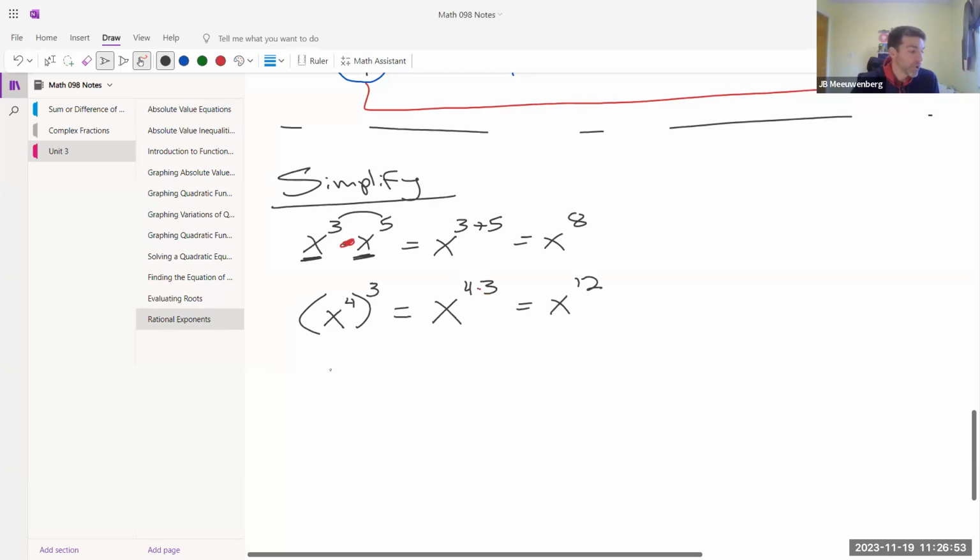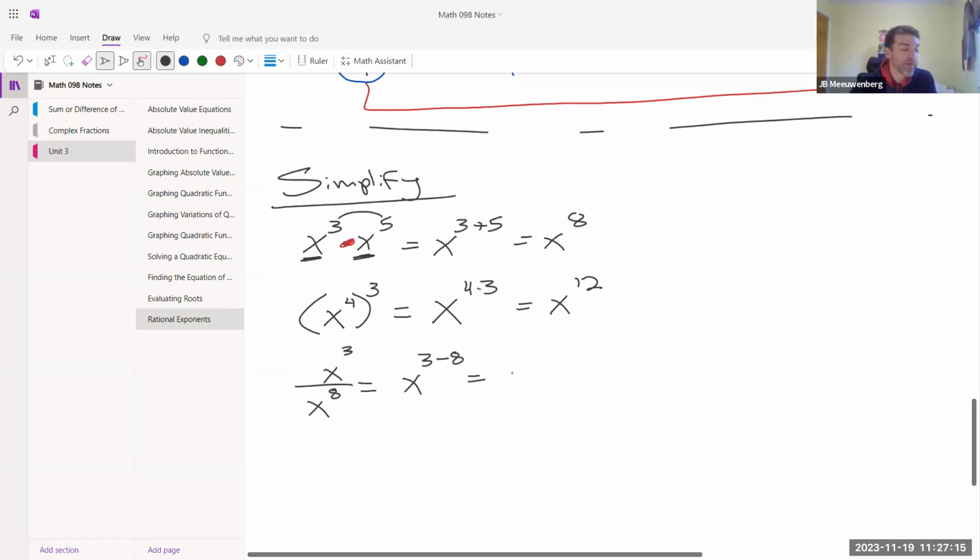And then finally, we saw fractions like x to the, say, 3rd over x to the 8th. And we can simplify this by subtracting the exponents. We always start with the top one, 3, and subtract the bottom one, 8.